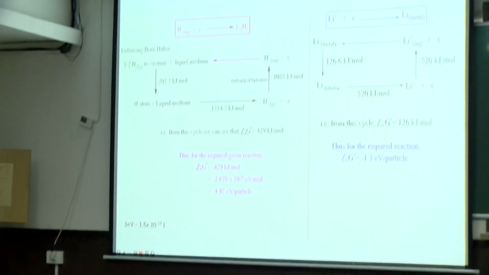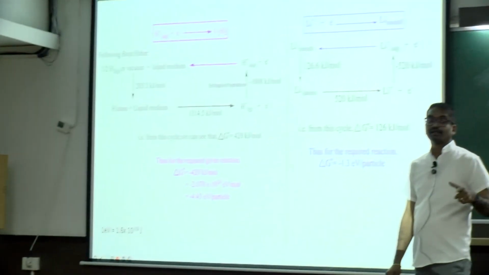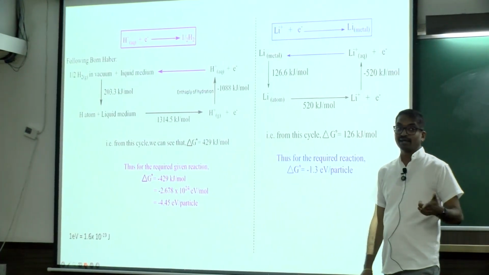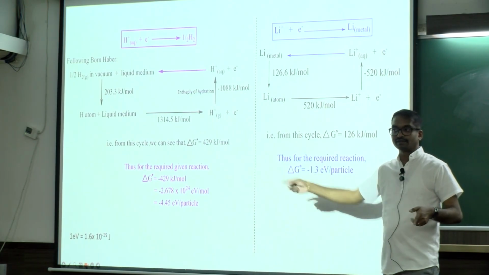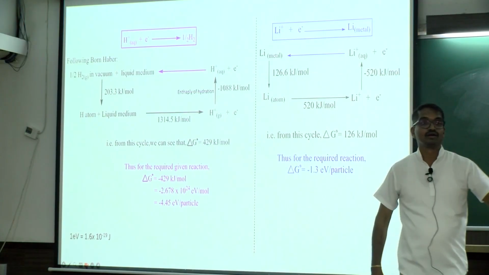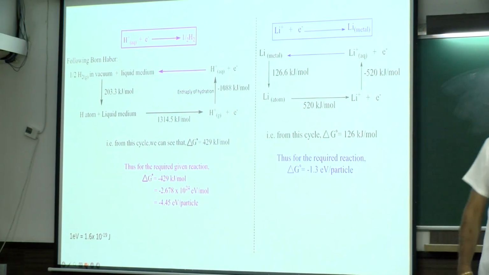Make sense? And how are delta G and nFE related? By a negative sign. Delta G is equal to minus nFE. So if I express them in terms of E value, they all become positive. Minus 4.5 becomes plus, minus 1.3 becomes a plus value. If I express them in voltage, previously I had expressed them in energy form. Okay.